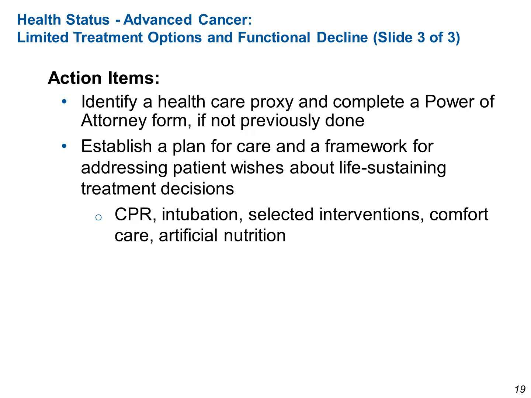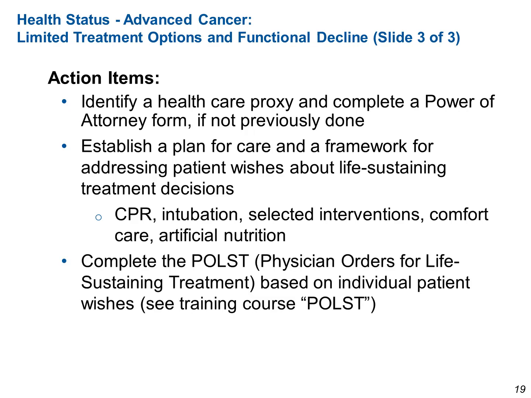This may include CPR, intubation, selected interventions, comfort care, and artificial nutrition, all outlined on the POLST form, which can now be completed. POLST stands for Physician Orders for Life-Sustaining Treatment based on individual patient wishes.